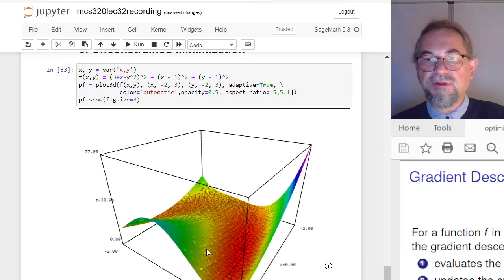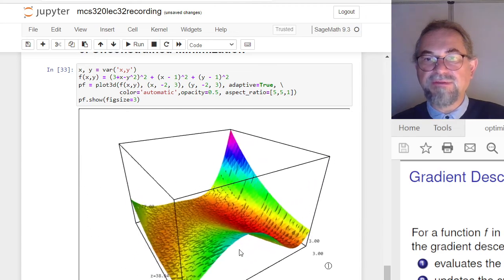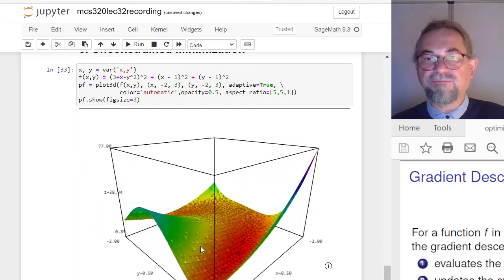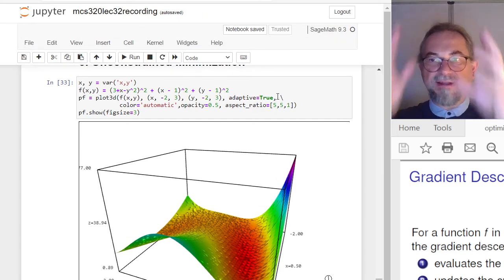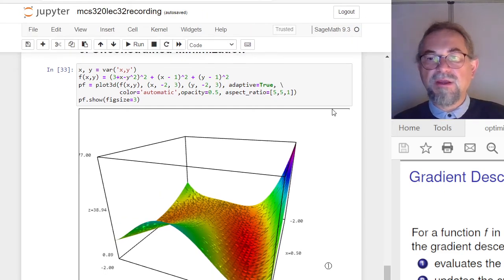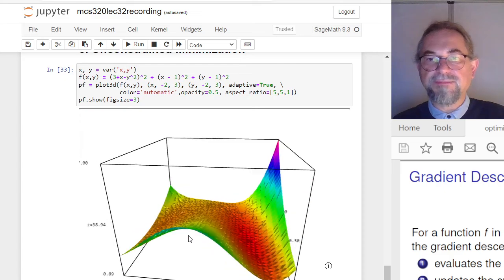If I'm tumbling this around, you see that there is one valley here, and then one peak. Without the aspect ratio changing, this would look like a narrow, tall rectangular cube. I make this more like a true cube by showing this in this way.